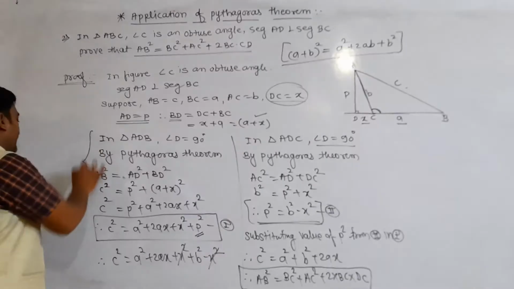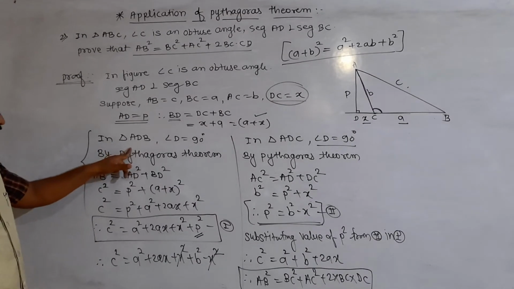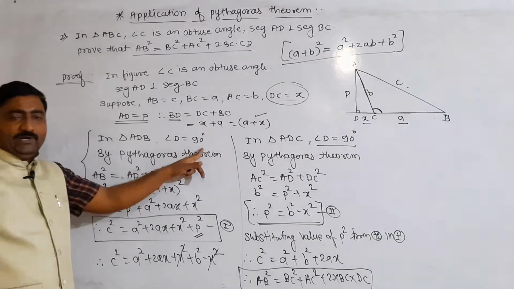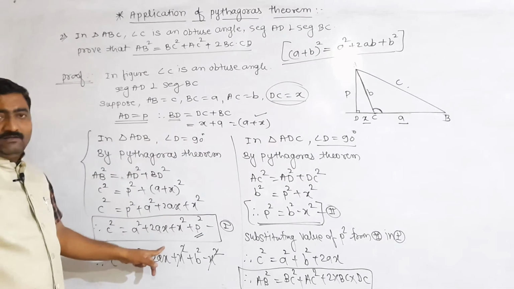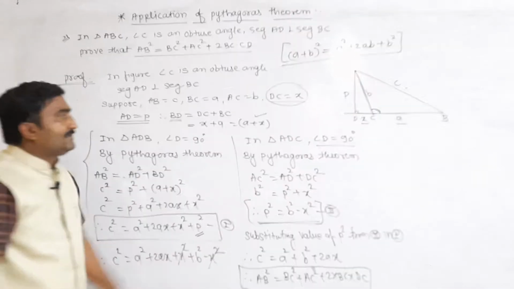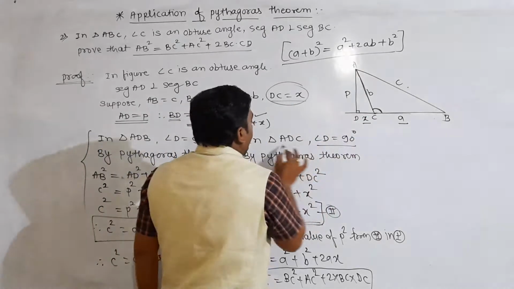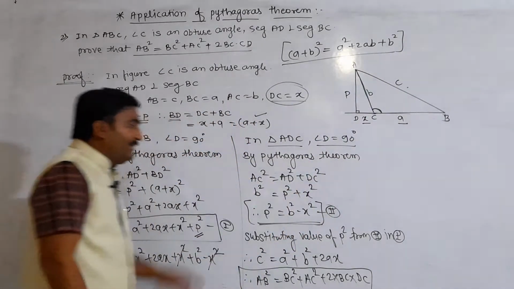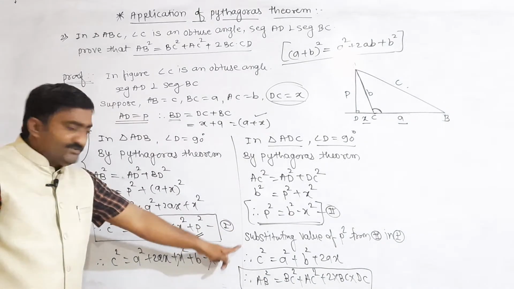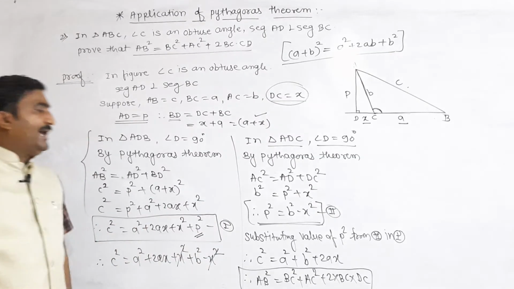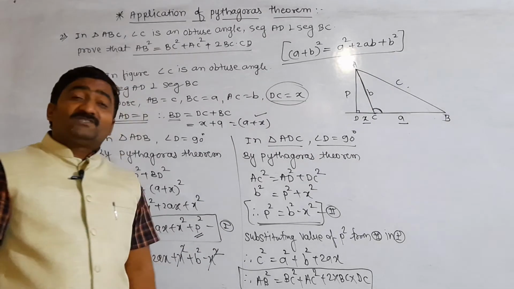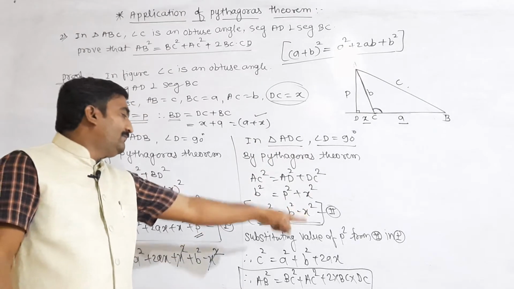First take the triangle ADB. Angle D is equal to 90 degrees. Therefore by using Pythagoras theorem, equation first. Then in triangle ADC by Pythagoras theorem, equation second, and this is very important, substituting the value of p square from second in first.